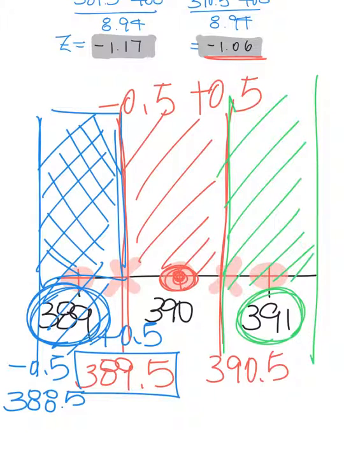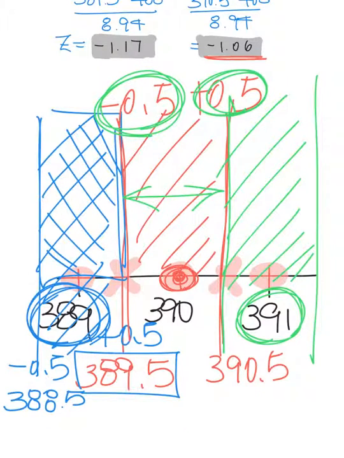The reason why we have to do plus and minus 0.5, the adjustment, is because the binomial distribution was discrete but the normal distribution is continuous. So we need some area for the normal distribution from the binomial. Only in the topic normal approximation to the binomial do we have to do plus and minus 0.5.